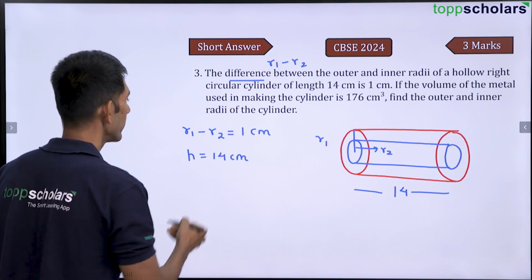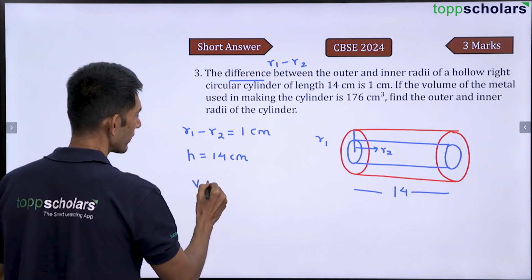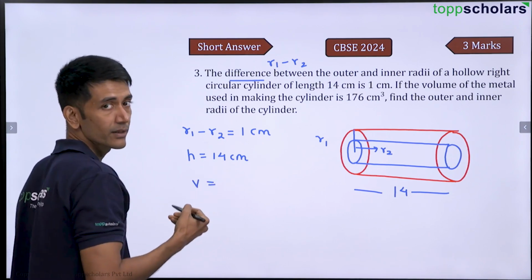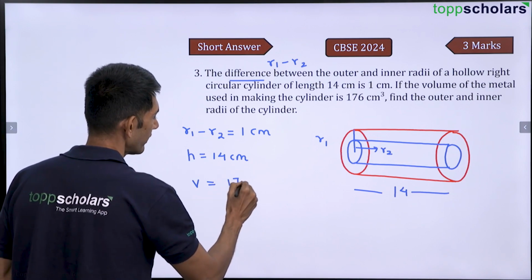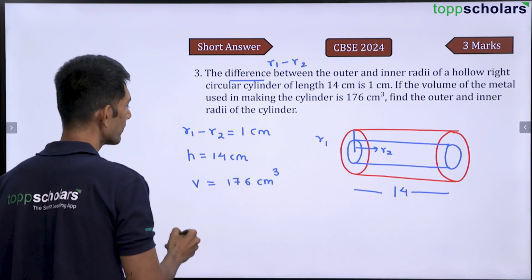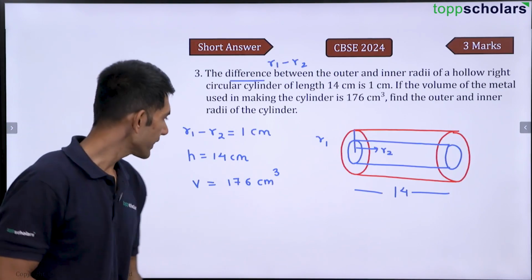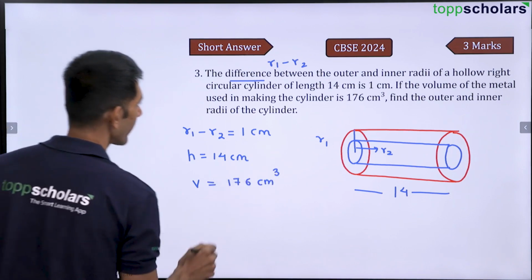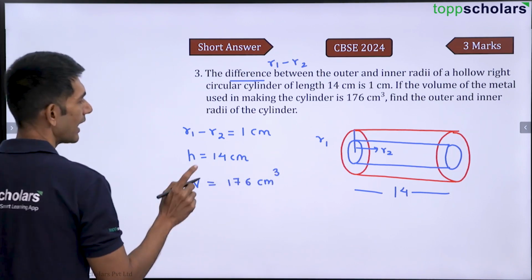If the volume of the metal, so the volume of the remaining part, is given, that is 176 centimeter cube. Now let us find out the values, that is, the value of R1 and R2.